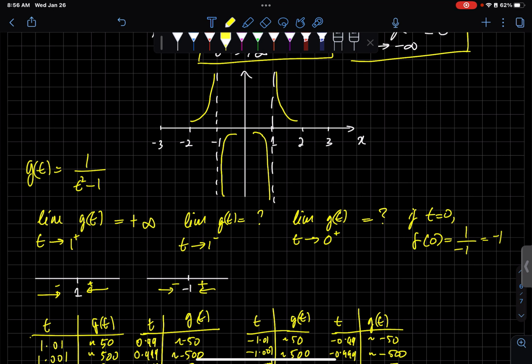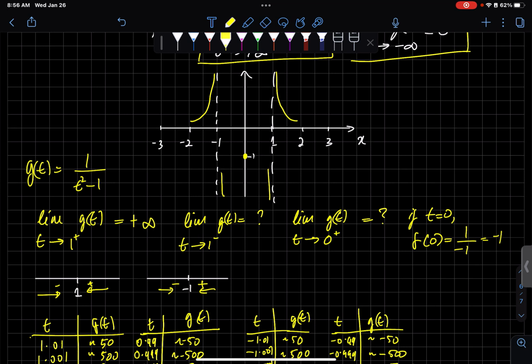So at t equals 0, this function is -1. Oops, this should be somewhere here. Oh sorry, wait a minute, that's not right. This should be here. Let's keep it on the same scale. So I'm just going to erase this and redraw it.